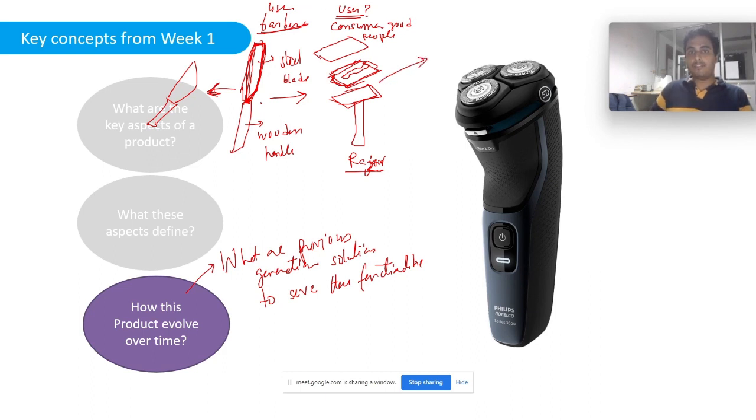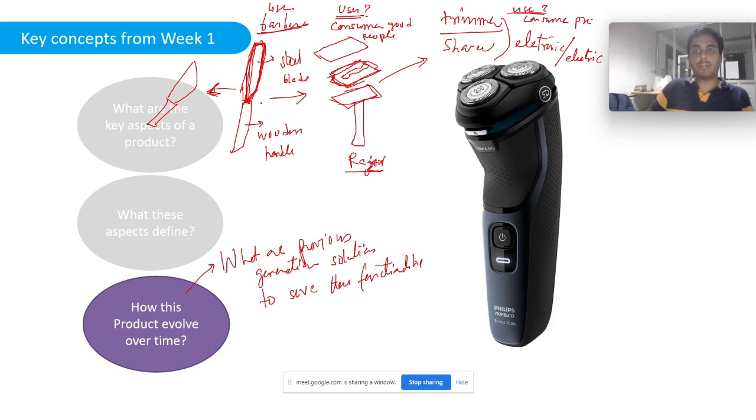After that you have these versions, where you have a trimmer and a shaver, and these are electronic, or electric. Again, these are consumer products, consumer grade products.